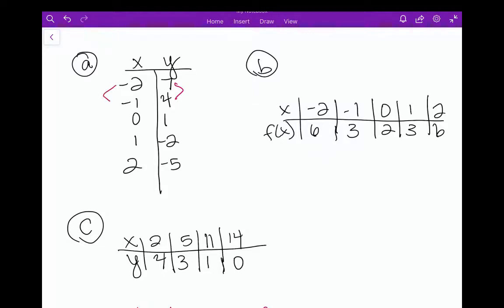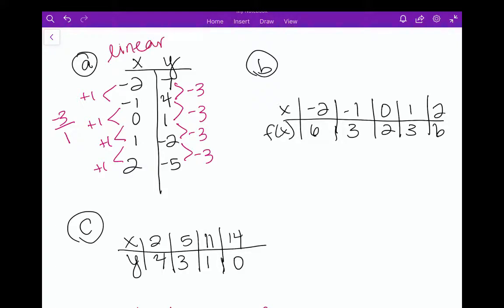So in the y column, this is going down by 3, down by 3, down by 3, down by 3. In the x column, this is going up 1, up 1, up 1, up 1. So the rate of change is -3 over 1, and that stays constant throughout the data. Because it's always -3 over 1, this is a linear function.